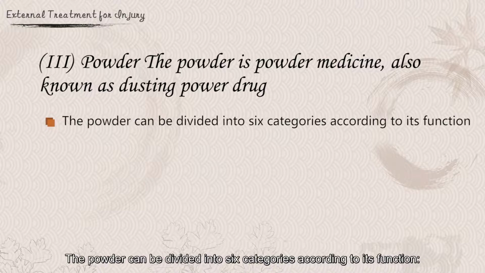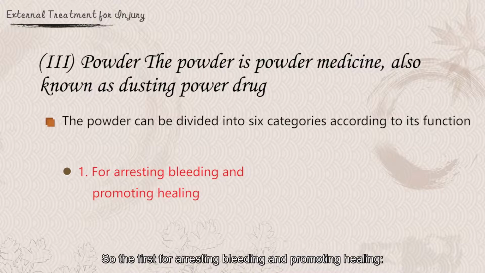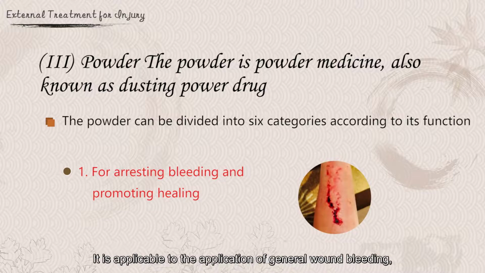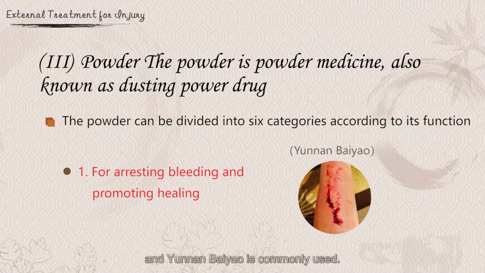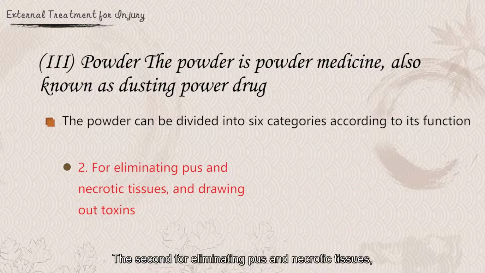The powder can be divided into 6 categories according to its function. So, the first, for arresting bleeding and promoting healing, it is applicable to general wound bleeding, and Yunnan Baiyao is commonly used. The second, for elimination of stasis and necrotic tissues and drawing out toxins.